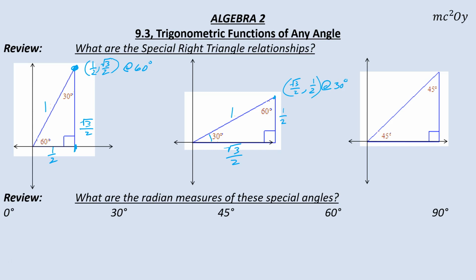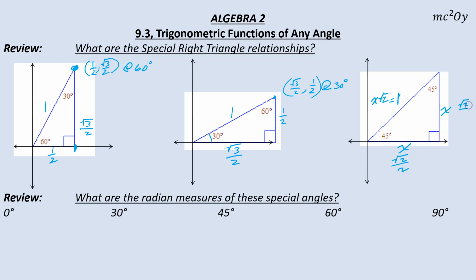When we go over to the 45, the relationship changes. We still have a 1 here. If you recall, this side is root 2 over 2 and root 2 over 2. The way I get that, if this side is 1, and then we're in a special right triangle, and let me kind of back up just a little. This side is x root 2, when this is x and this is x. So if we solve this equation, 1 equals x root 2, you'd find out that x equals root 2 over 2.